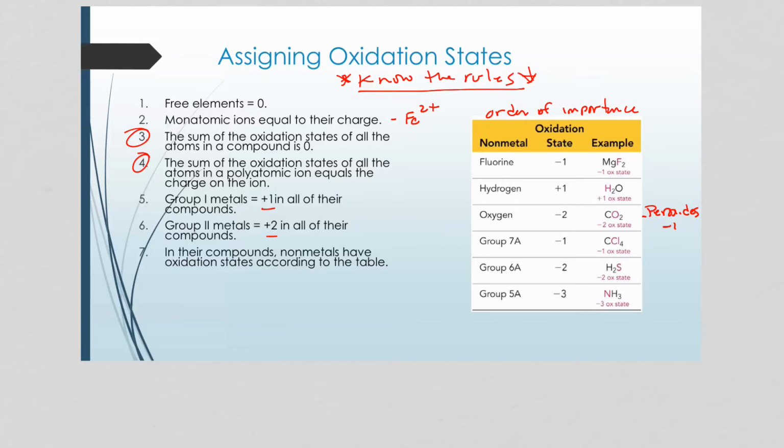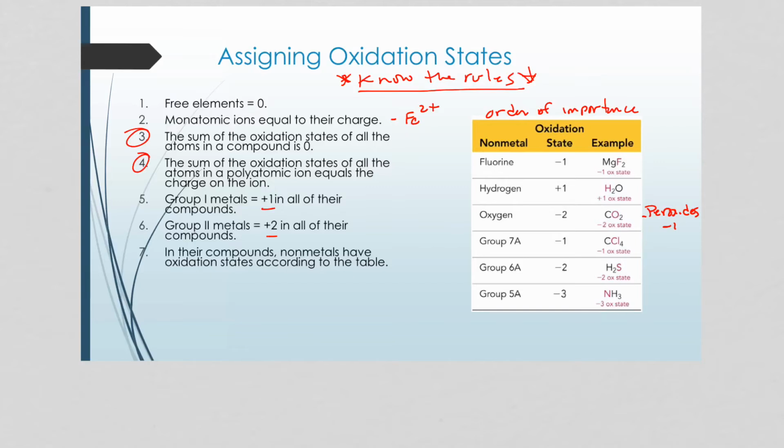Now, you notice we haven't given rules for all of them. Now we have sort of groups of rules where the other group 7 elements, so the other halogens, like to take on a -1, but won't always. Other group 6 elements, besides oxygen, like to take on a -2, but will not always. And other group 5 elements, like nitrogen, will take on a -3, but not always.